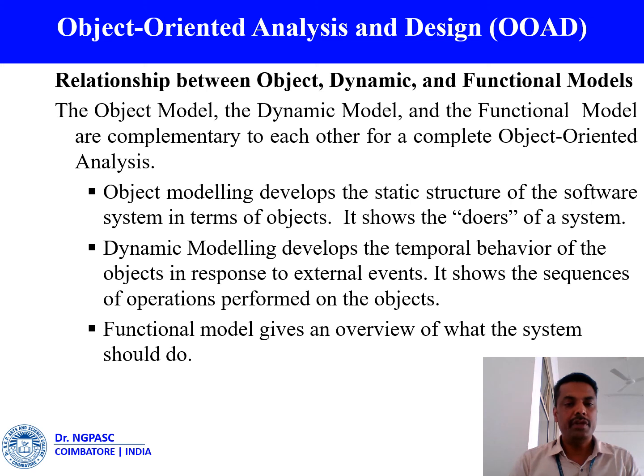The next one is the dynamic model, which shows the temporal behavior of the objects in response to external events. It shows the sequence of operations performed on the objects. Finally, the functional model gives an overview of what the system should do. That is the relationship between the object, dynamic, and functional models.